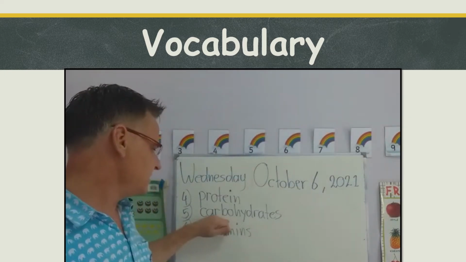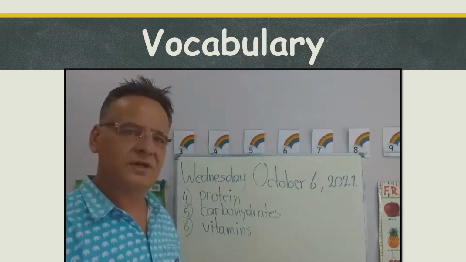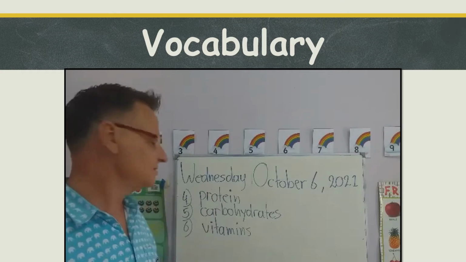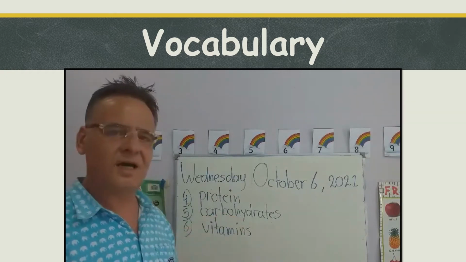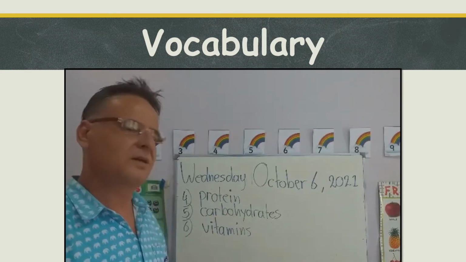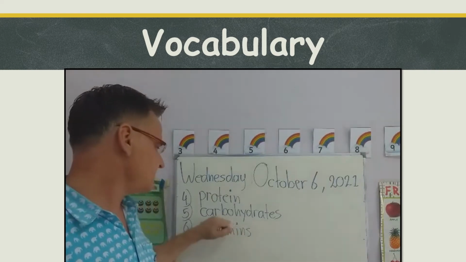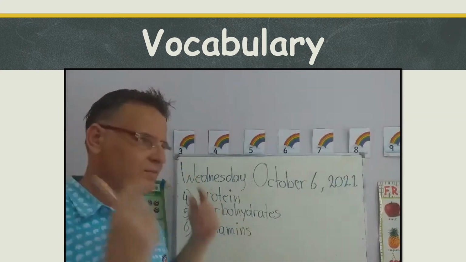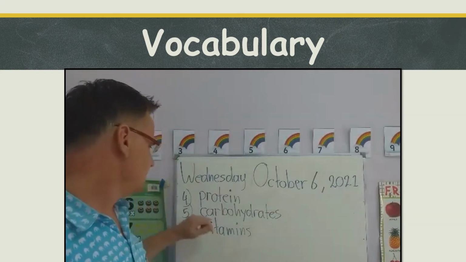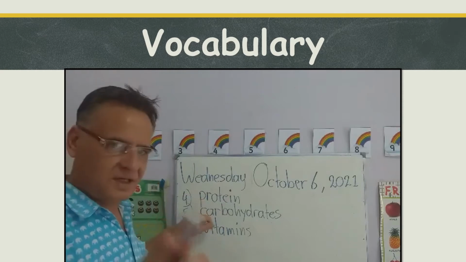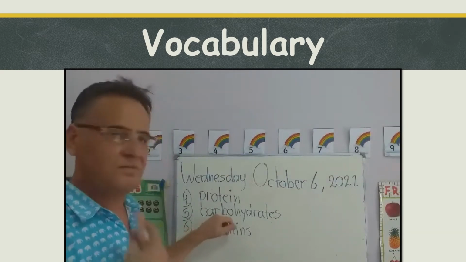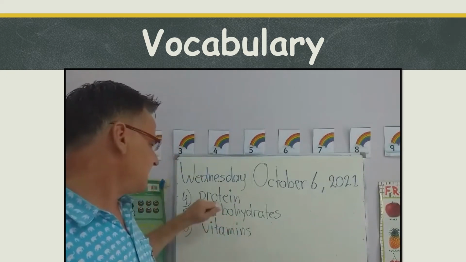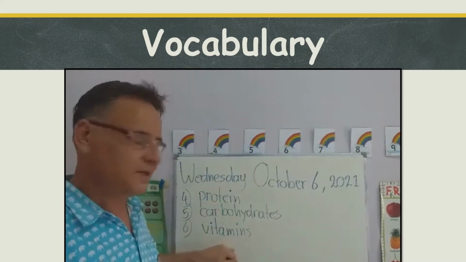Because carbohydrates in your body will be converted, a chemical reaction, remember, transformation of energy, to glucose, and glucose gives you energy. So you can, for example, study very well because your brain gets a lot of energy. For me, I eat very little carbohydrates, but I eat a lot of protein and a lot of vitamins.